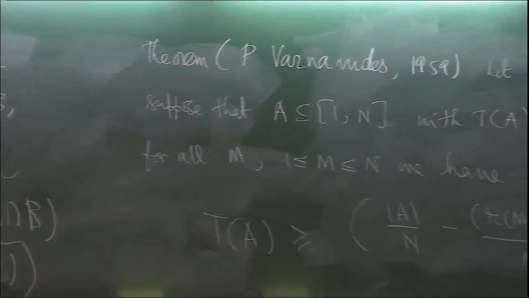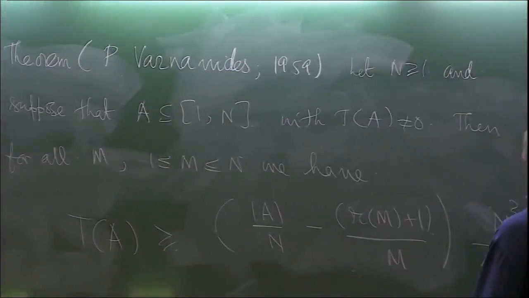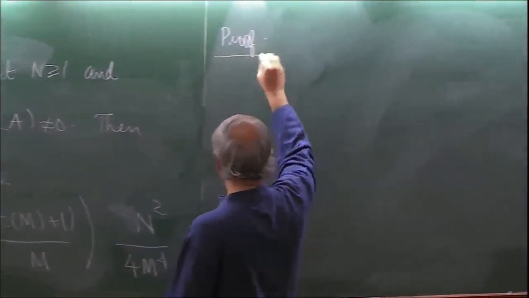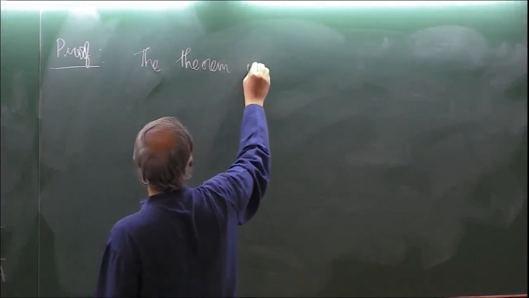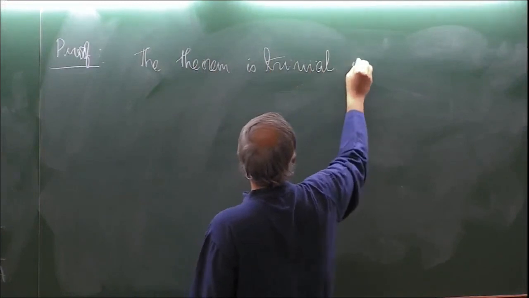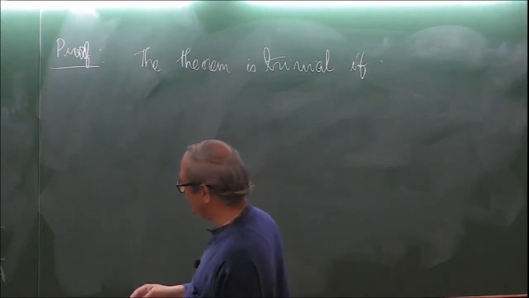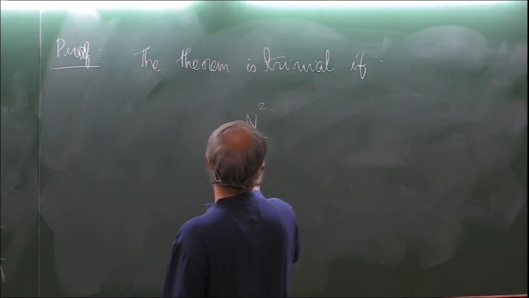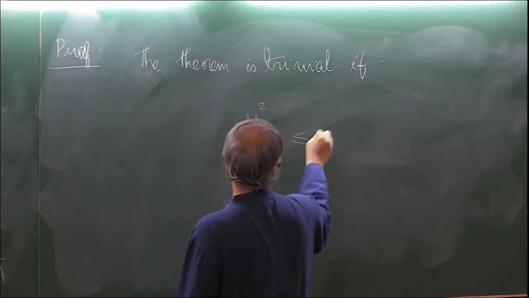Okay, so the proof of this theorem will be in a certain number of steps. First is that the theorem is trivial if n squared by 4 m to the power 4 is less than or equal to 1.